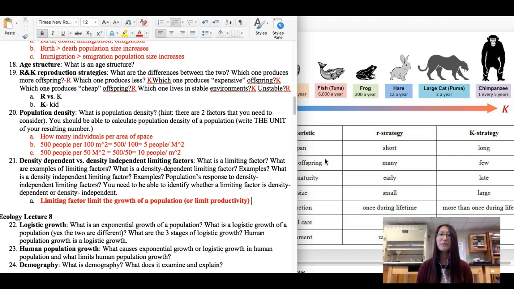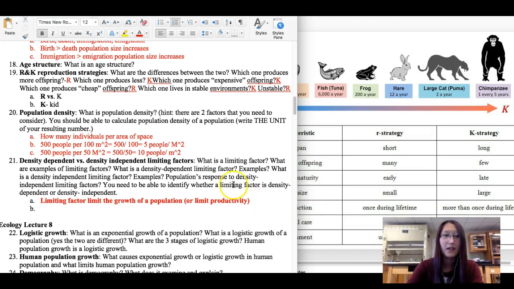All of those are going to limit the growth of your population. Your population is not going to have exponential growth that just keeps going up, because a lot of things are going to come in the way to stop that. The population growth will slow down and then reach your carrying capacity. So that's a limiting factor.